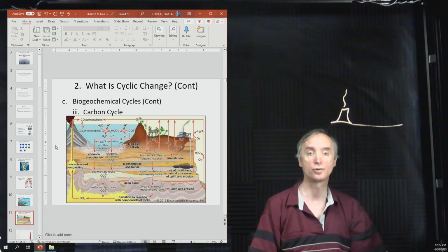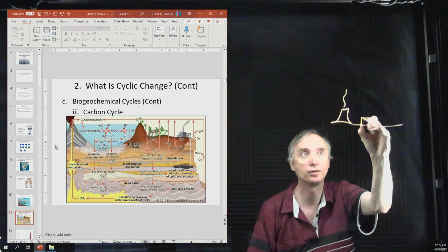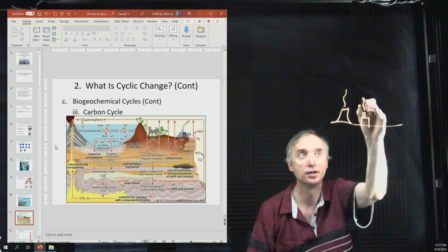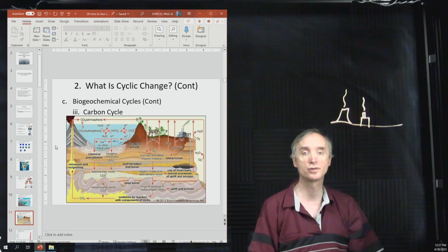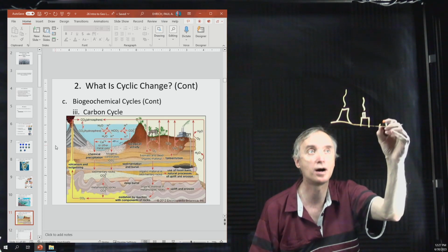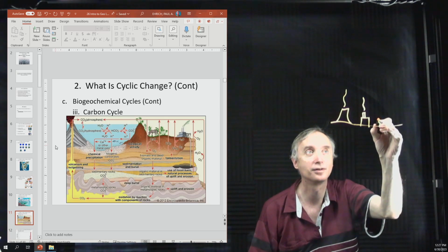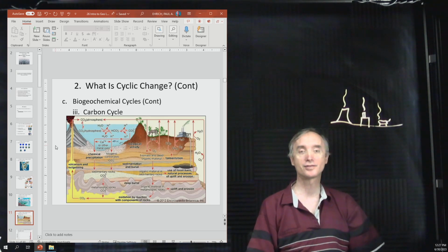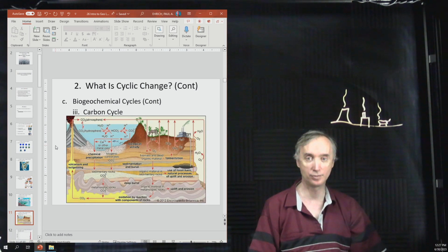Another source of carbon is power plants. So let's put a little smokestack there. Power plants and cars also produce carbon dioxide, and also animals. Anything that respires is going to produce carbon dioxide into the atmosphere. So what happens to this carbon dioxide once it gets into the atmosphere?